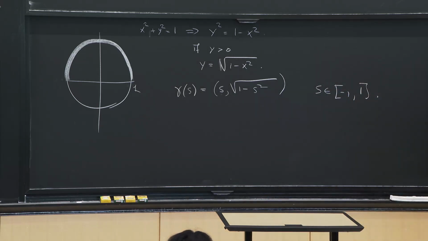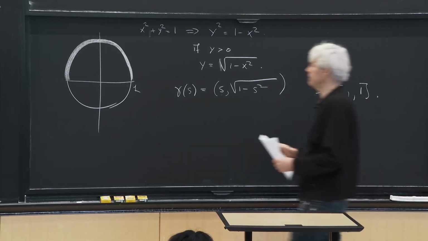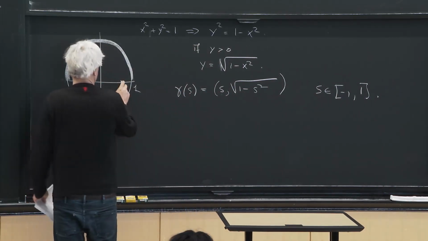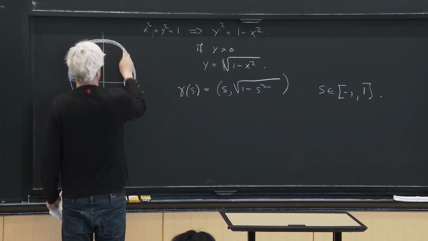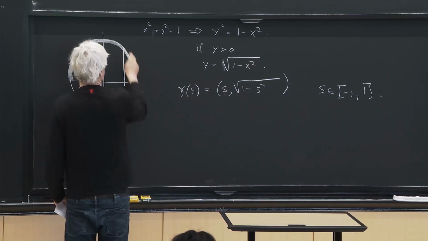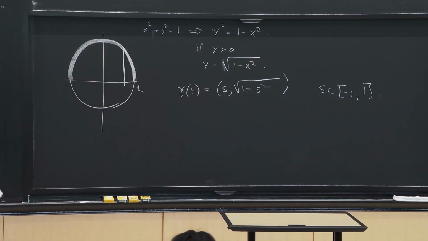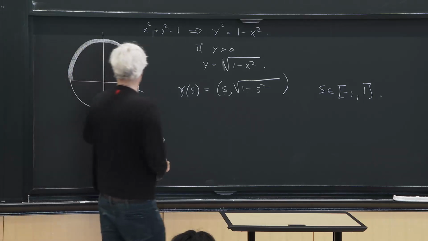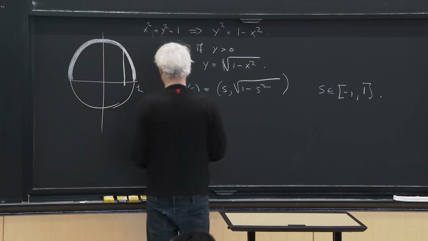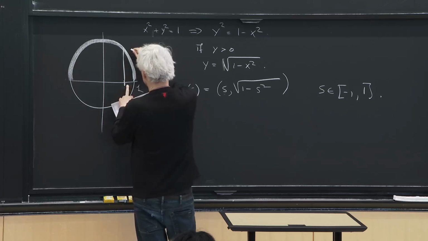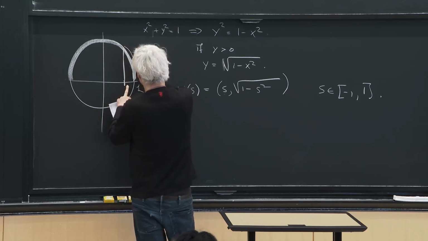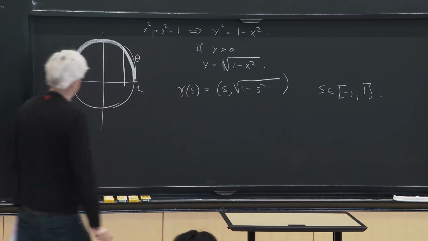Okay. Now suppose that you take some x here, and you want to look at the arc length of this part of the circle. Let's call that arc length theta.